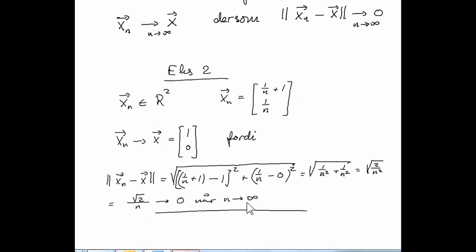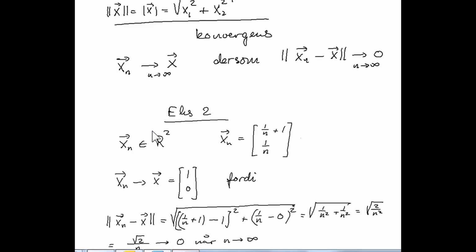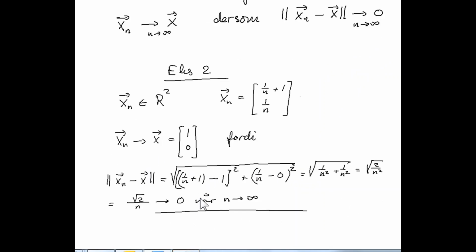So in this way we have proven that this element converges to this element. So in a vector space or an inner product space, we say that we have a convergence when this norm turns to 0. And here we have an example of this.